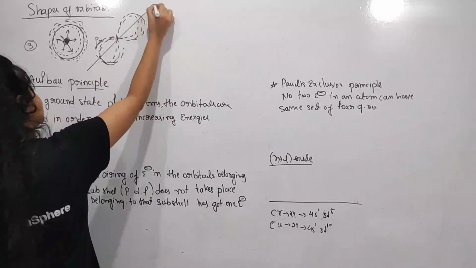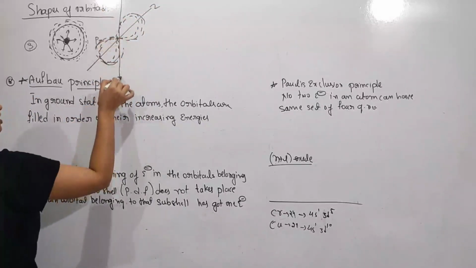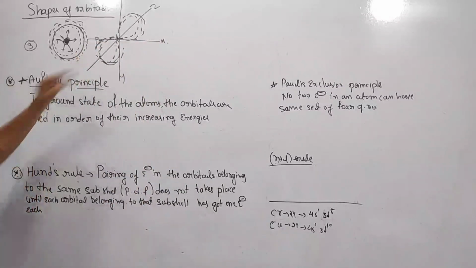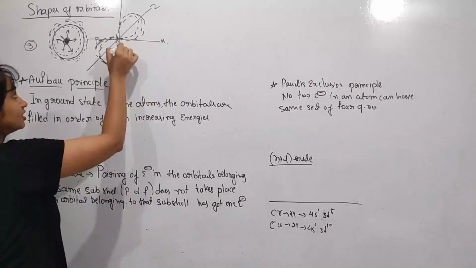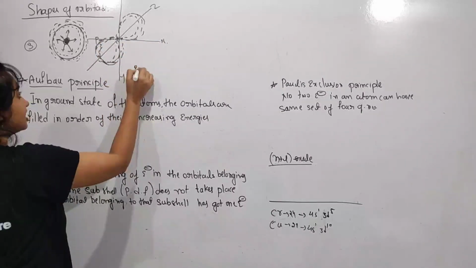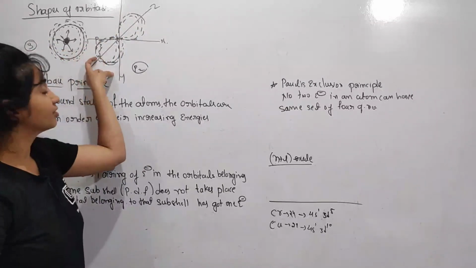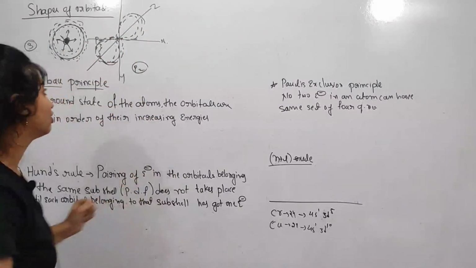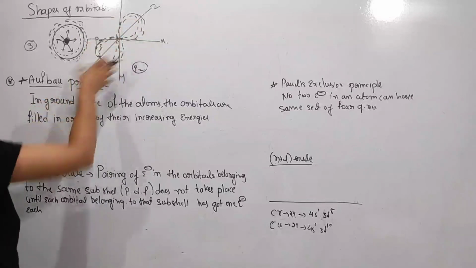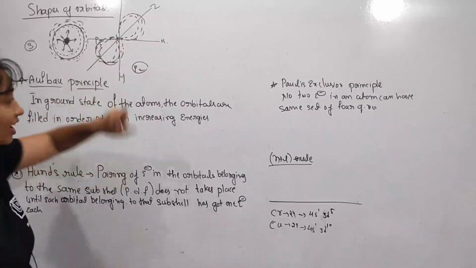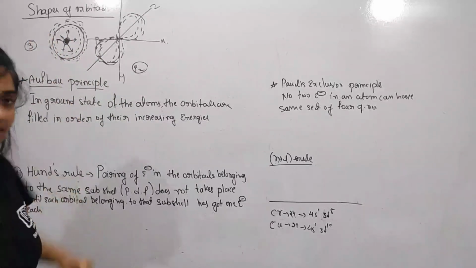Consider this is our z axis, this is our y axis and this is our x axis. So we have the pz orbital like this. On the z axis, we get the probability density in dumbbell shape. So the p orbital has a dumbbell shape, and the s orbital has a spherical shape.